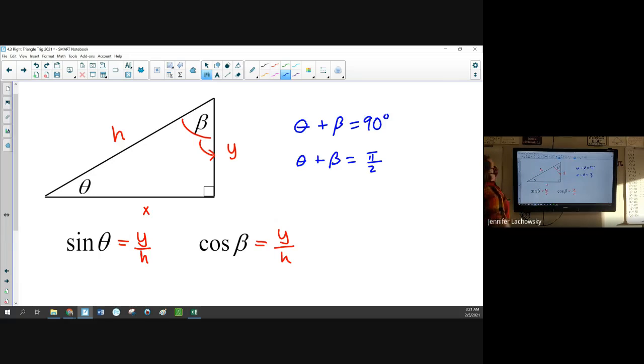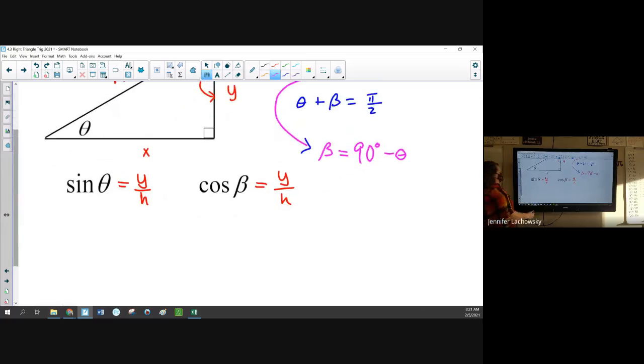So solve for beta in this first expression. What does beta equal? 90 minus theta. Okay. So here's what I know.